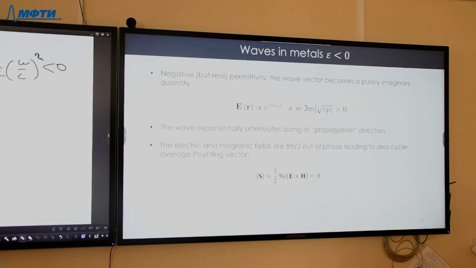But let's say we have a thin metallic film with negative permittivity, and you illuminate it at normal incidence with some light, and you have these waves with imaginary wave vector inside. And of course, you're going to have some transmission on the other side of the film.